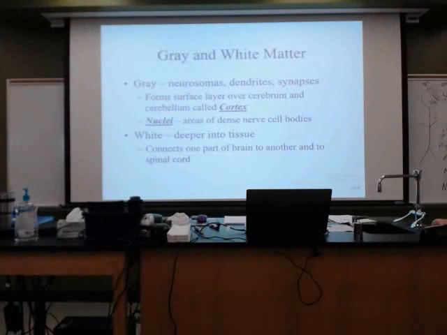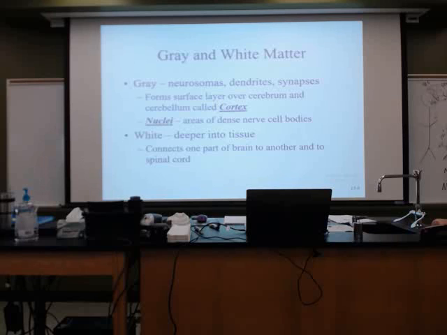This is now going to tell us an area of dense nerve cell bodies. So more than one. So that's why they're calling it nuclei, because the nucleus would be in the nerve cell body. So we're going to see that located in, like, think about little groupings, okay, throughout this layer over the brain.